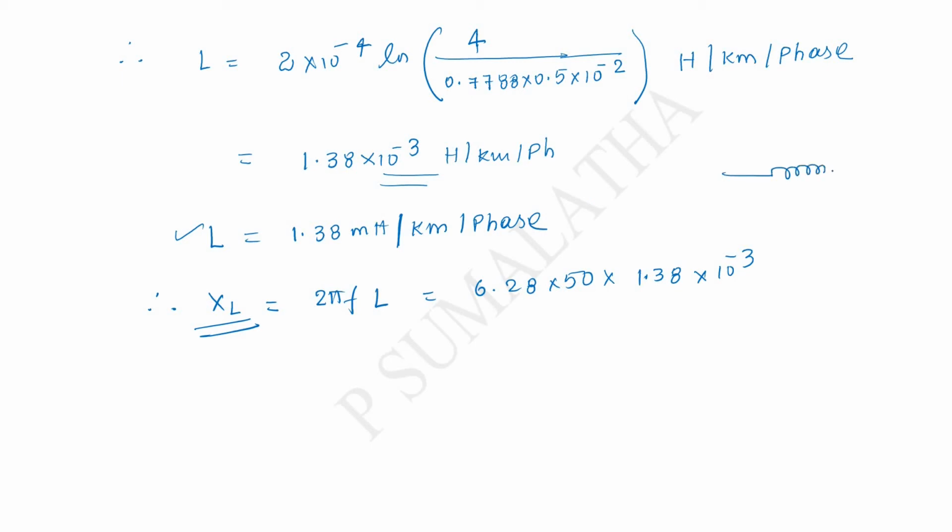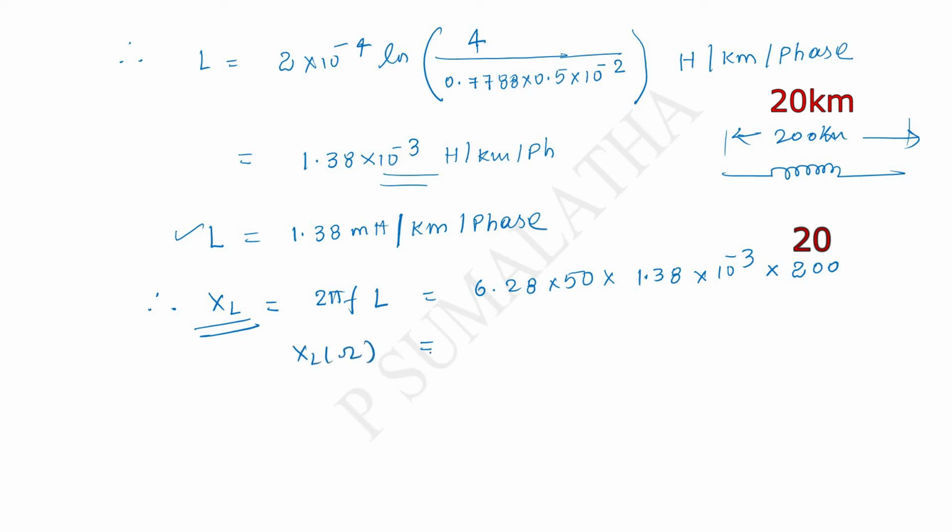We are taking the fault for a 200 kilometer line, so you need to find it with respect to the complete line length. That means this should be multiplied with 200. Therefore, the total inductive reactance XL is equal to J 8.66 ohms.